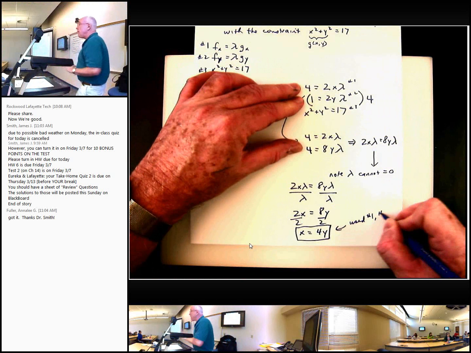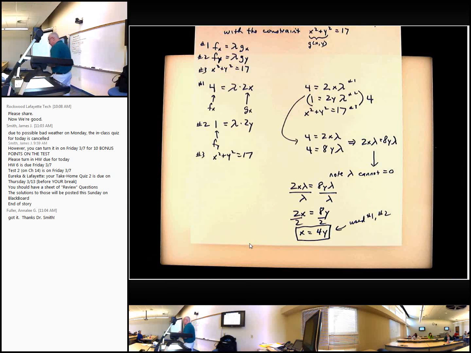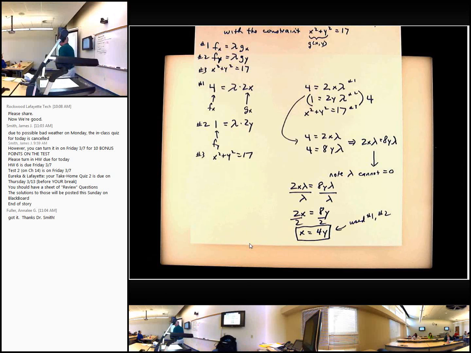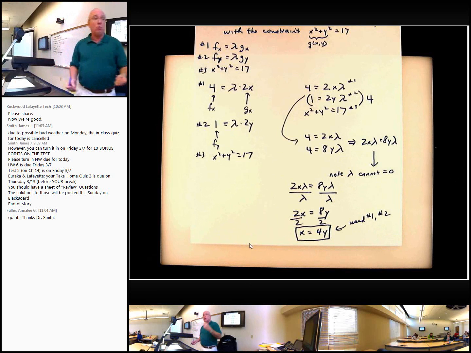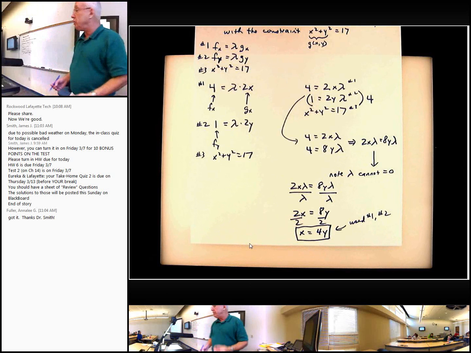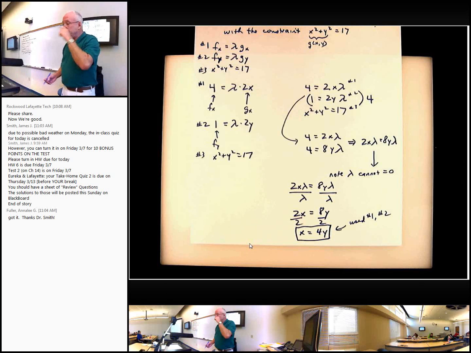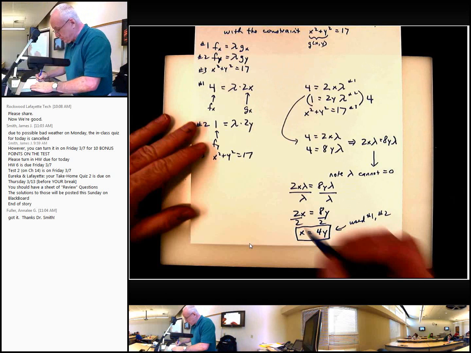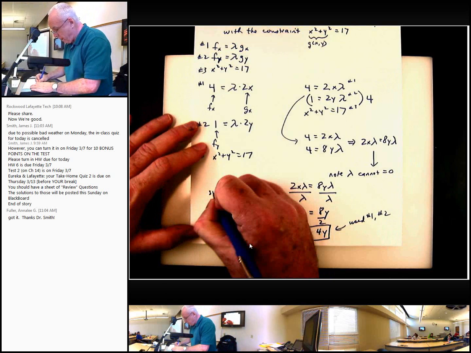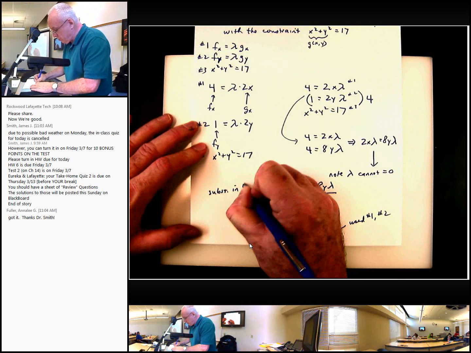But we also now have a third equation that has to be satisfied. The third equation is our constraint equation. x squared plus y squared must add up to 17. So now if we just substitute, we know that x has to be 4y. So let's plug in 4y for x in that equation number 3, and we're going to be able to solve for y. So let's substitute in number 3.